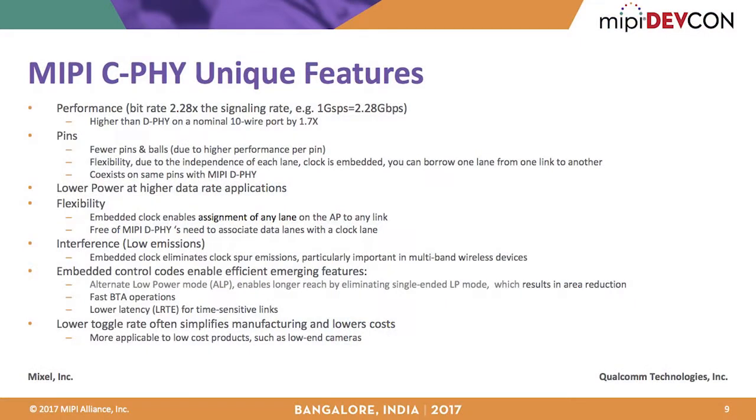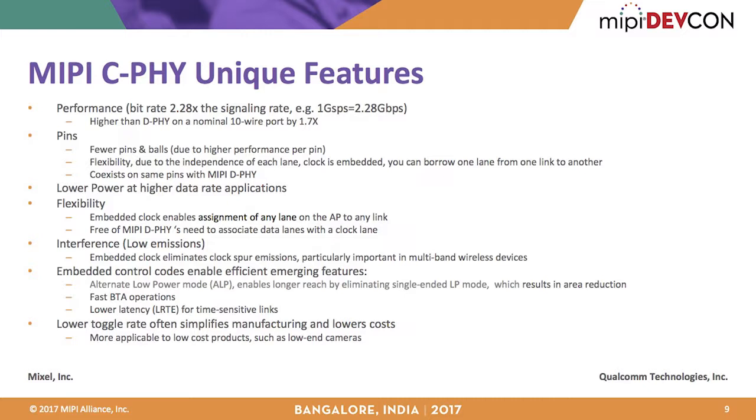Now we're talking about the unique features of the C-PHY. The first thing you want to know is that you get more than 1 bit per symbol. You get 2.28. So you are able to run at a higher data rate at the same transition rate.